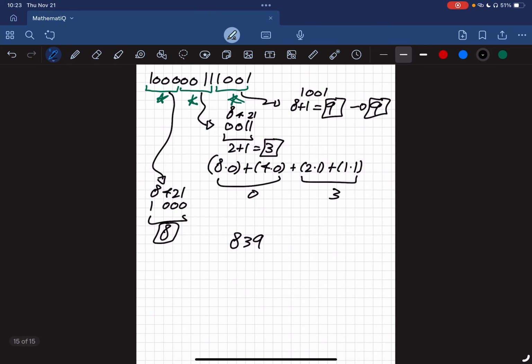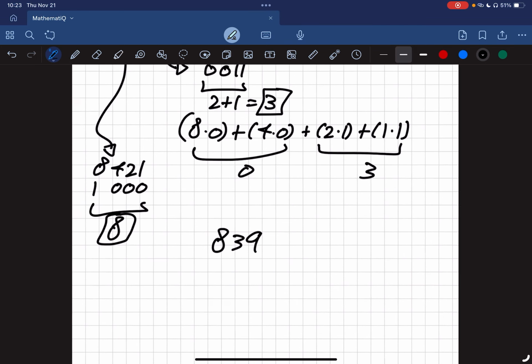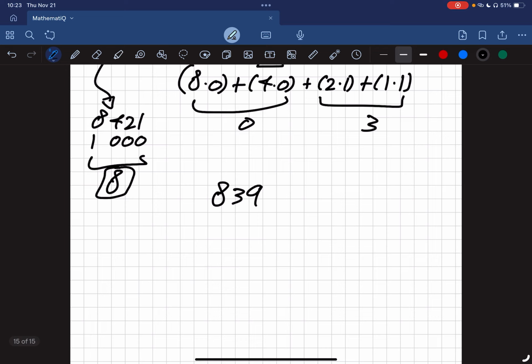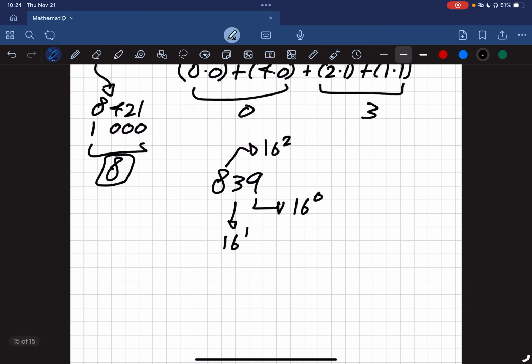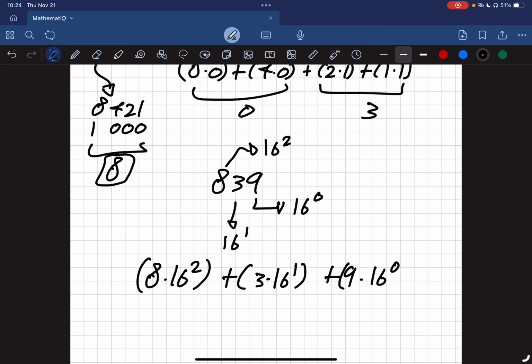If we go ahead and check this, you can convert this to decimal, where this is 16 to the 0, this is 16 to the 1, and this is 16 to the 2. Then if we add this up, it's 8 times 16 to the 2 plus 3 times 16 to the 1 plus 9 times 16 to the 0.